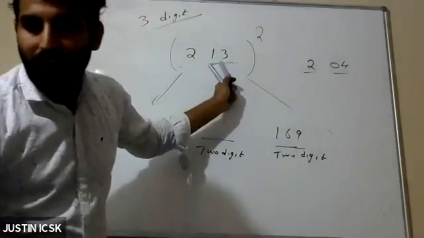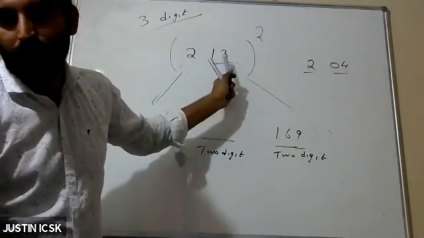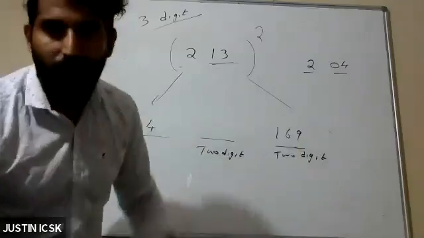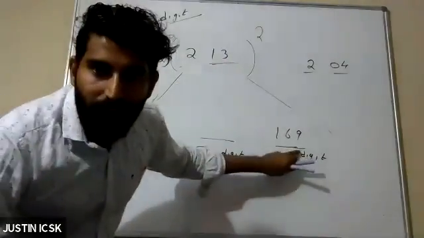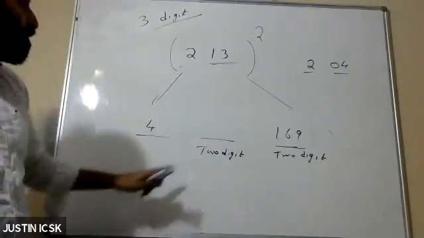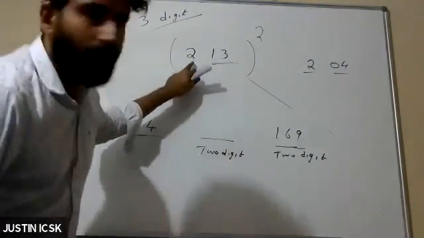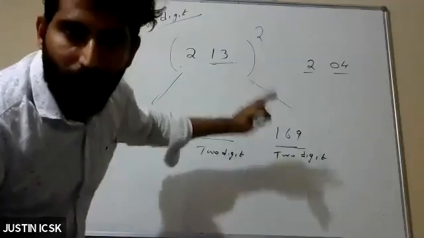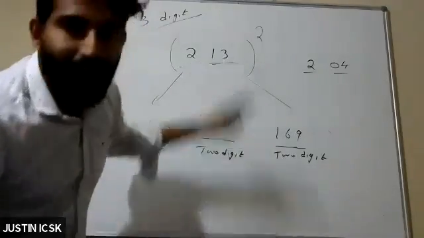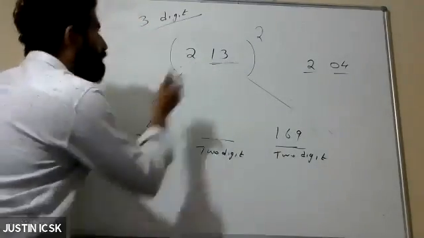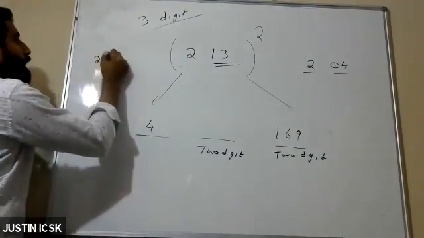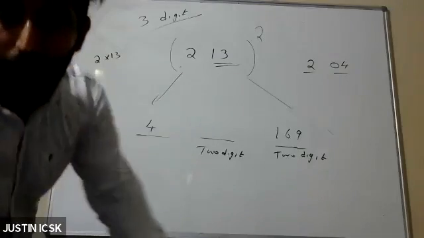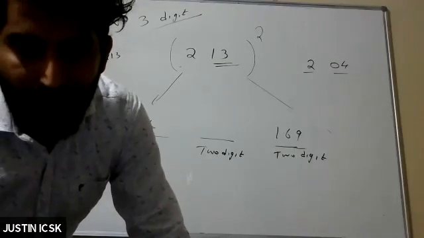This is 13 square, 169. Here, don't multiply 2 into 1 into 3. Not like that. 2 into 13, because I told you this is marked as 1. So you should multiply 2 into 13.